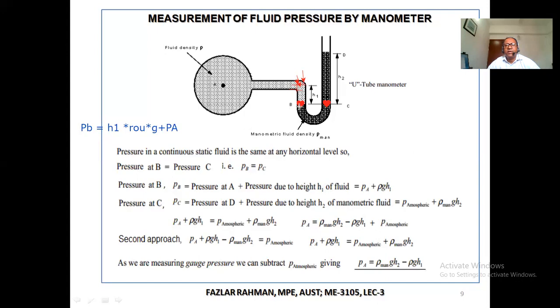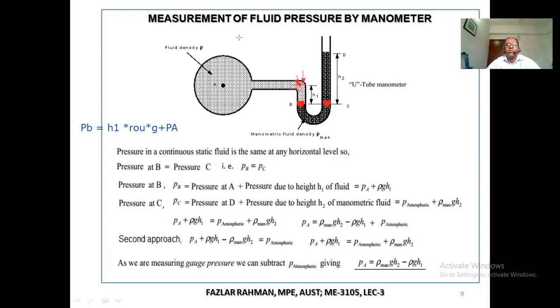Then you will say PB equal to H1 rho g plus P atmospheric. But this is closed, so instead of atmospheric pressure, we will say this is equal to PA. We don't know how much pressure is inside, PA. It might be equal to atmospheric pressure or might be higher than atmospheric pressure. But we will say this is PA.